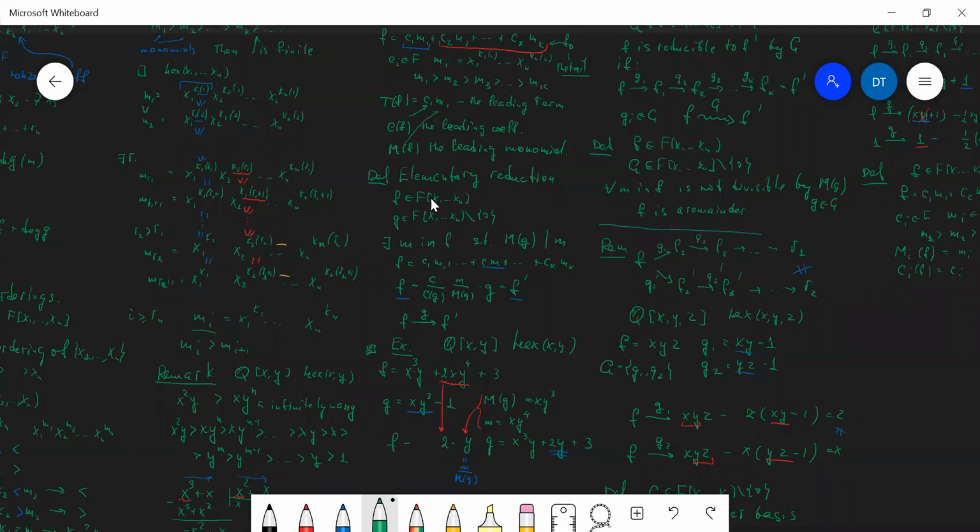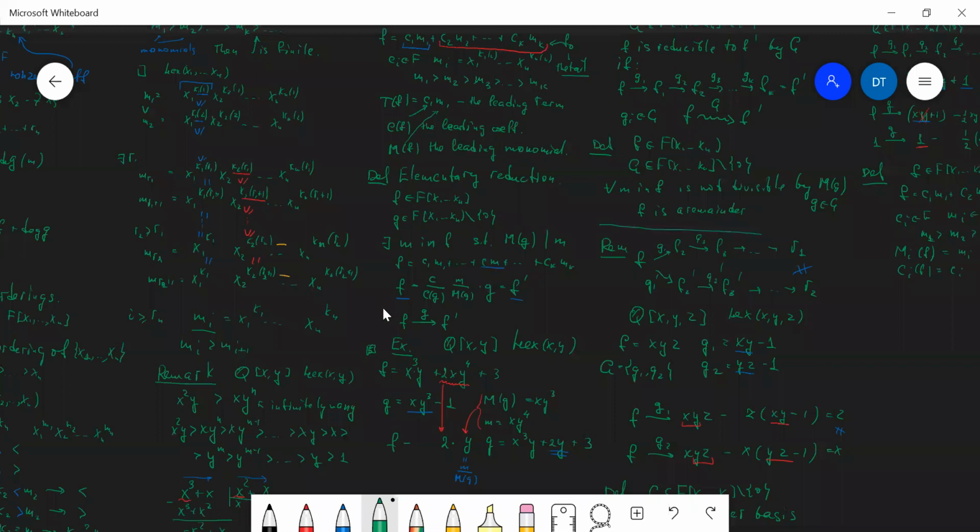This procedure works as follows: we find some monomial in a polynomial f which is divisible by a leading monomial of some other polynomial g, and then we cancel this monomial by the leading monomial of g, multiplying it by the corresponding monomial and coefficient to cancel the result.